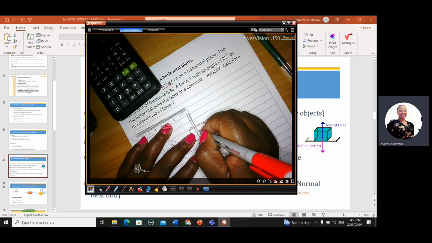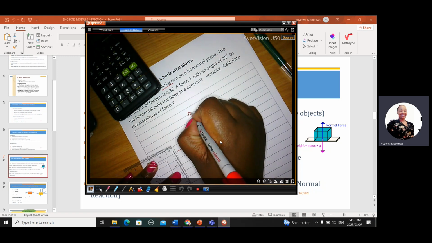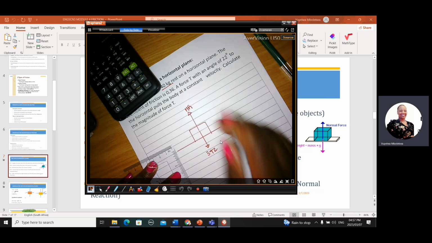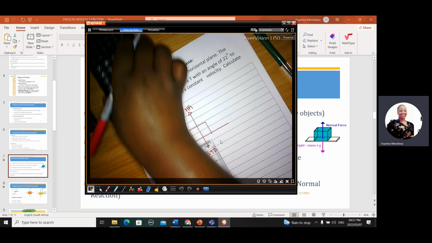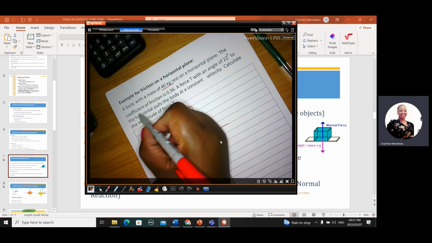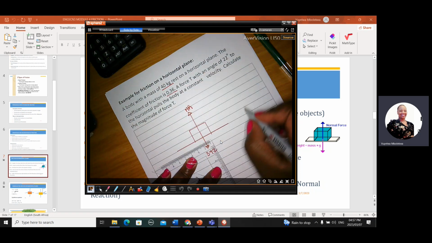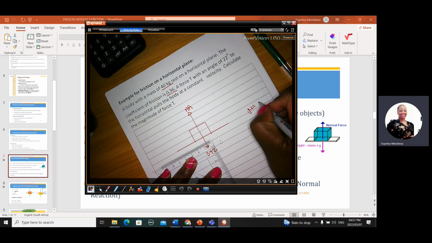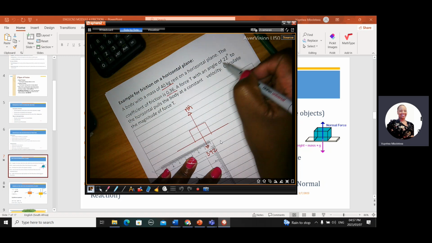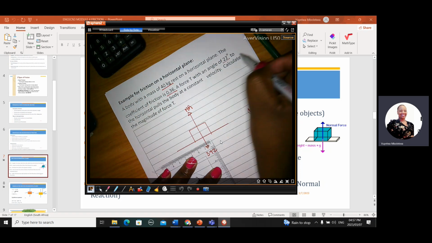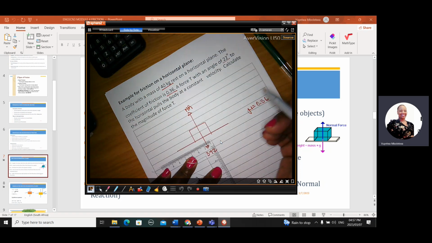And it's got a normal reaction force upwards here. Then they say the coefficient of friction is 0.36. Then they say a force T with an angle of 22 degrees to the horizontal pulls the body.